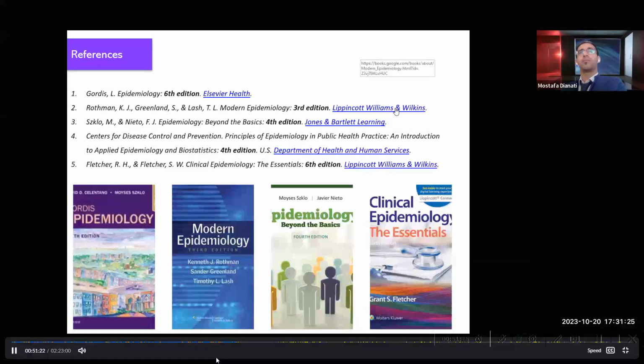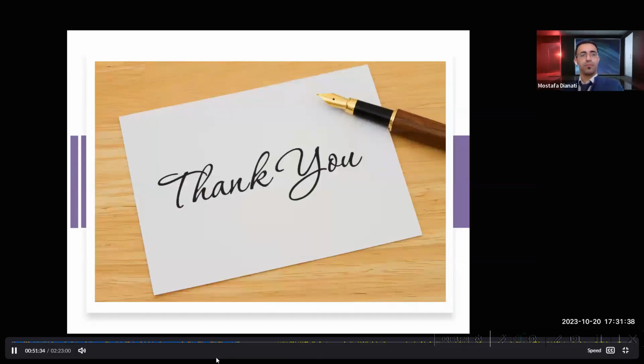And here are the main references that I used for this presentation. Basically, this is the last slide for cohort studies. I already have experimental studies and just a glance at systematic review and meta-analysis.